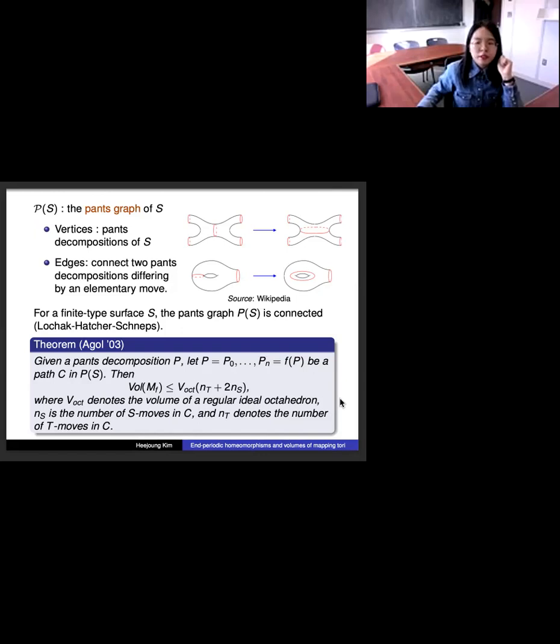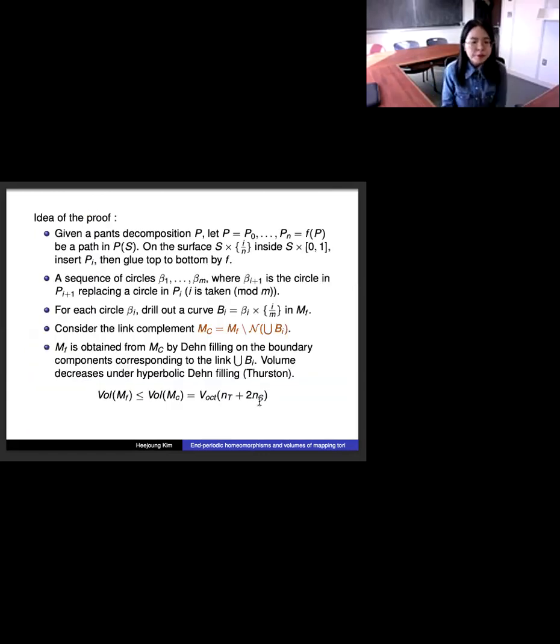Okay, let's move on. Here's the idea of the proof. Given a pants decomposition P, we have a path from P to FP, and in the mapping torus, the surface cross interval, we insert the pants decomposition on S times I over N for each I. And then we consider a curve on P_{i+1} where an elementary move happens from P_i.